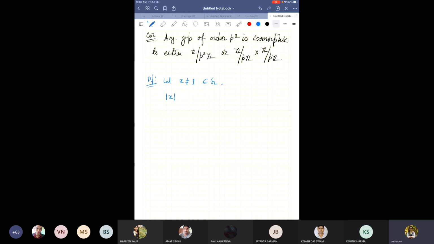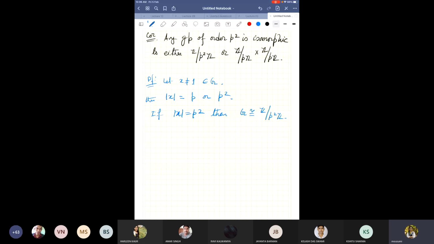Now if order of X is equal to P square, then what can I say? X will be the generator of the group. Then in that case, G will be isomorphic with Z quotient P square Z. Correct? Because order of X is P square.